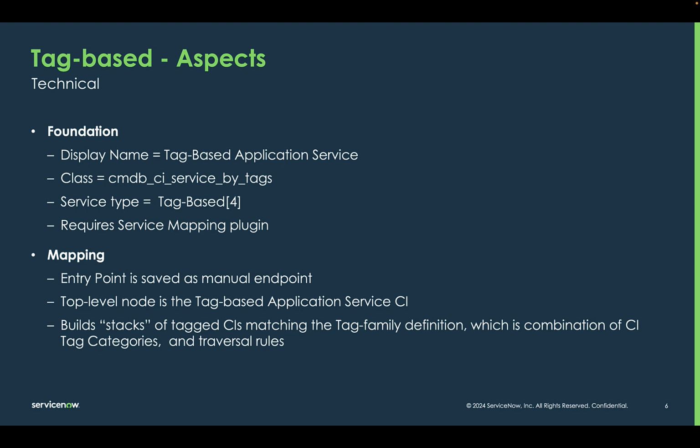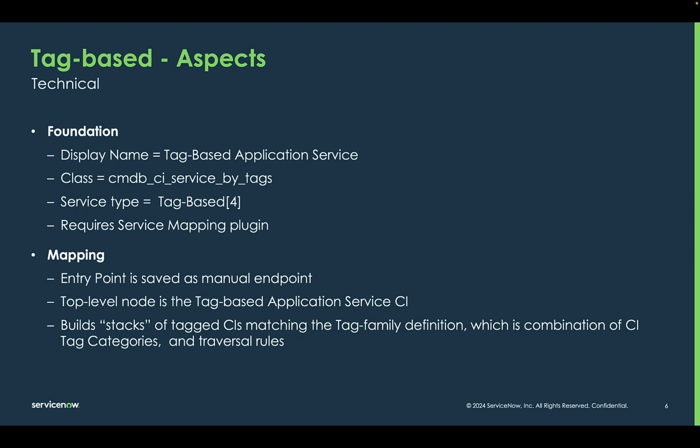When mapping a tag-based application, we have an entry point that is the actual name, the actual record of the service itself saved as a manual CI. That is because the application service, the tag-based form, contains the metadata that instructs the service population script how to populate the service.